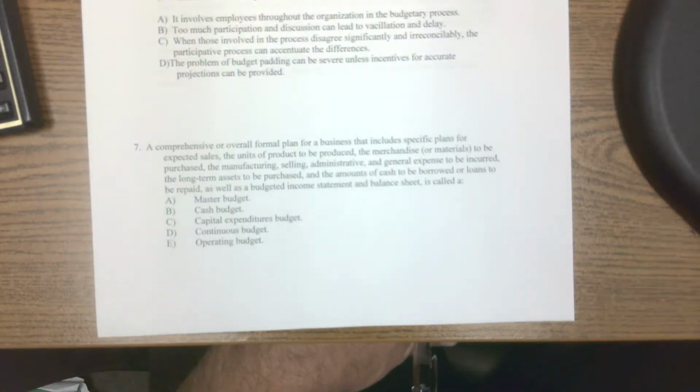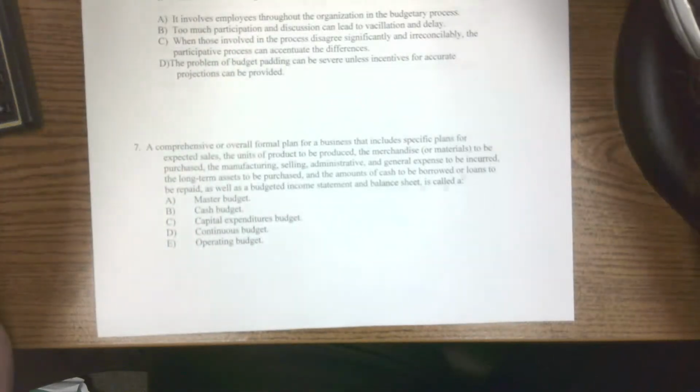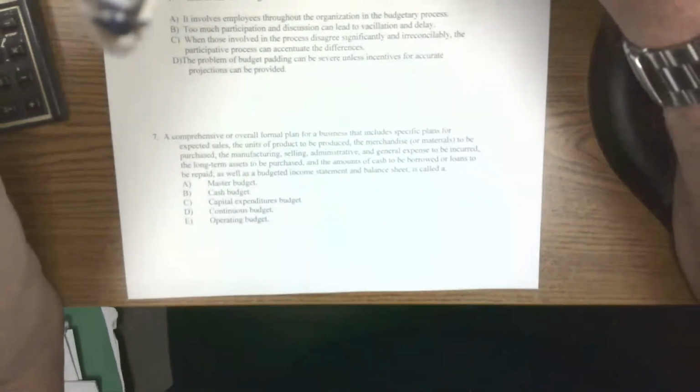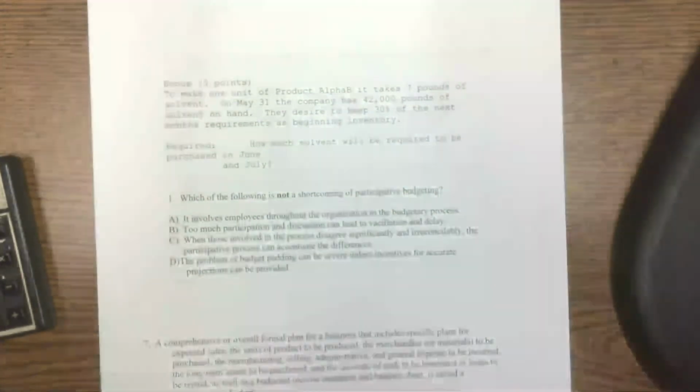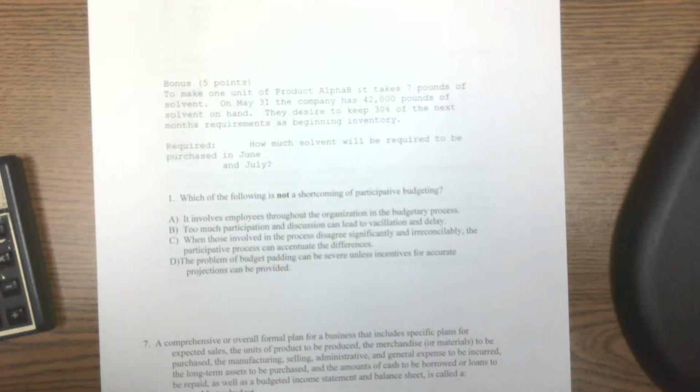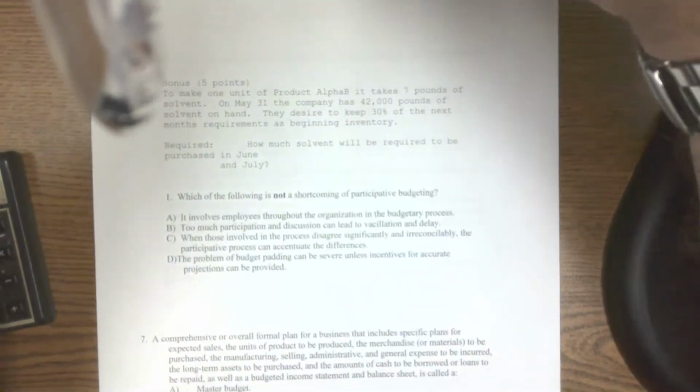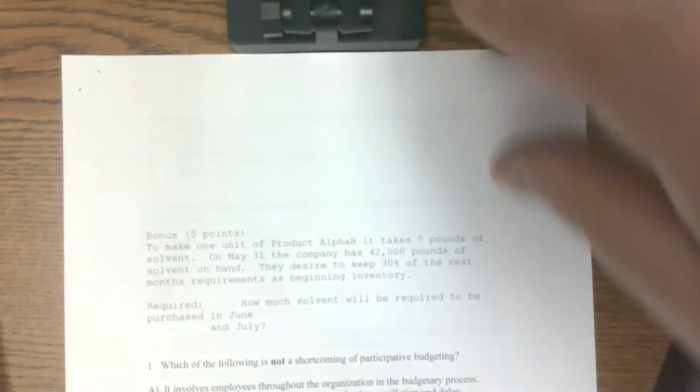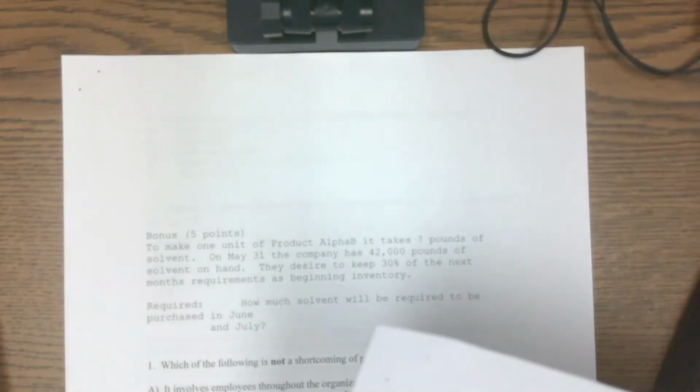Bonus question. To make 1 unit of product Alpha B, it takes 7 pounds of solvent. On May 31st, the company has 42,000 pounds of solvent on hand. They desire to keep 30% of next month's requirement. How much solvent will be required to be purchased in June and July? So let's go back here.